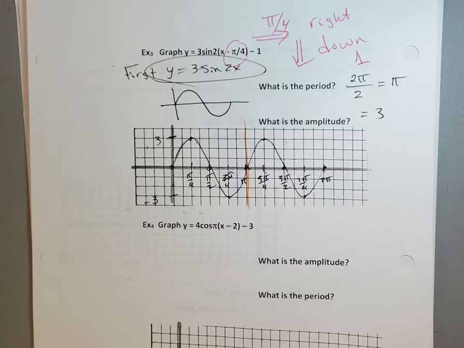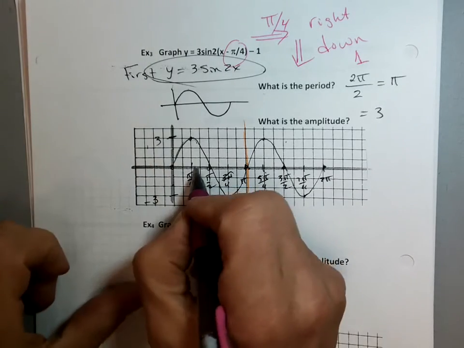Now, pi fourth is 2 squares, right? You guys see that? So I'm going to move everything over 2, down 1. Every important point is just going to move over 2, down 1, because I'm going to move it pi fourth, and that's 2 squares, and then down 1, okay? So let's just do that.